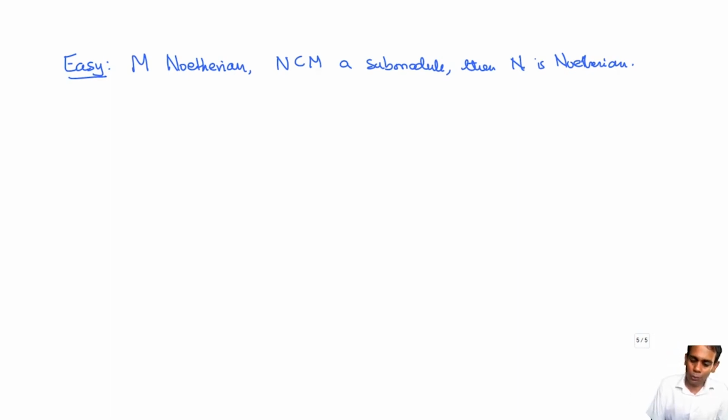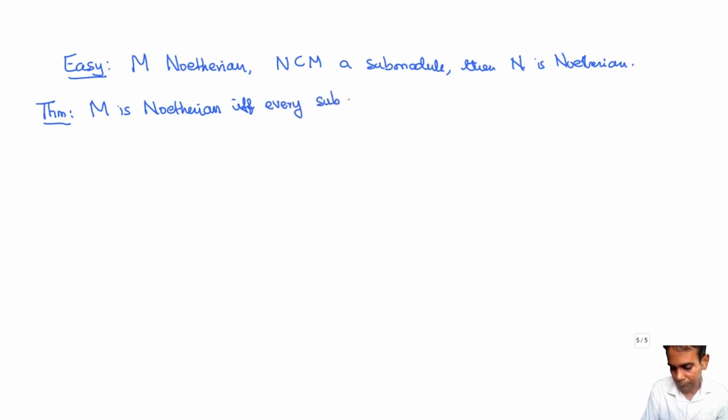So let's prove the stronger result about Noetherian and finite generation. Theorem, and this is actually a characterization of Noetherianness: an R-module M is Noetherian if and only if every submodule of M is finitely generated.